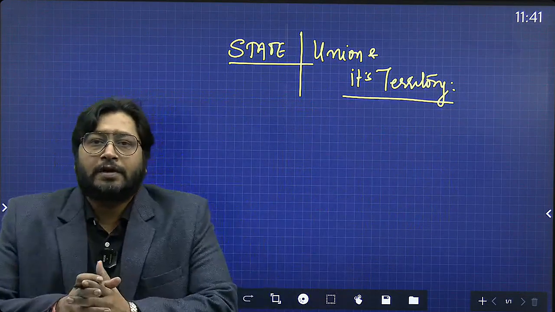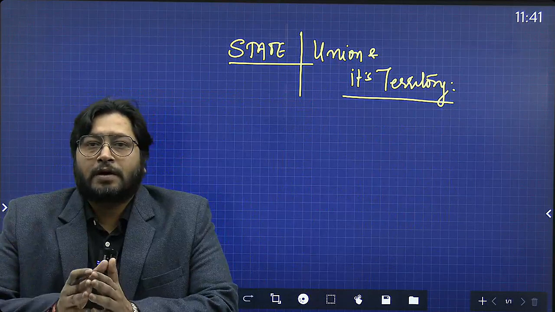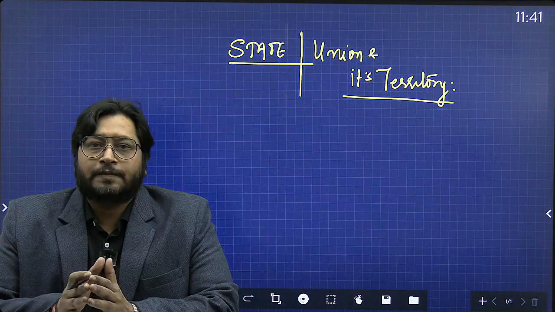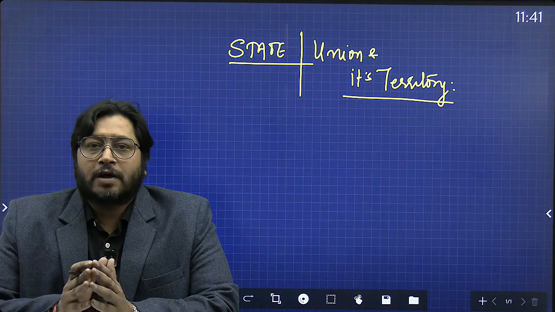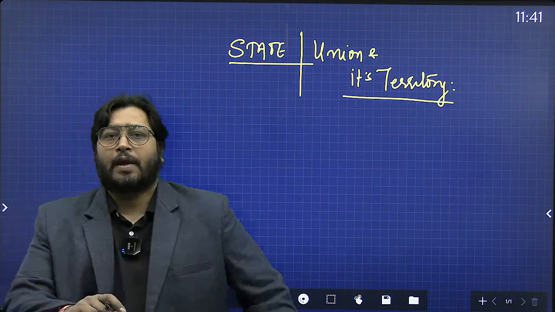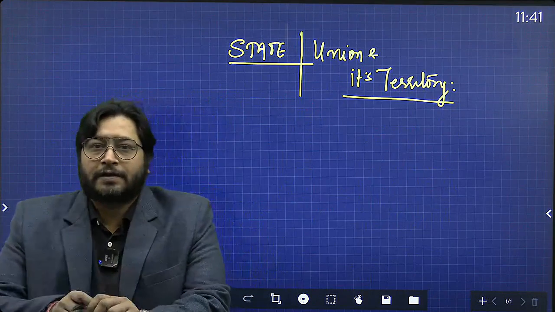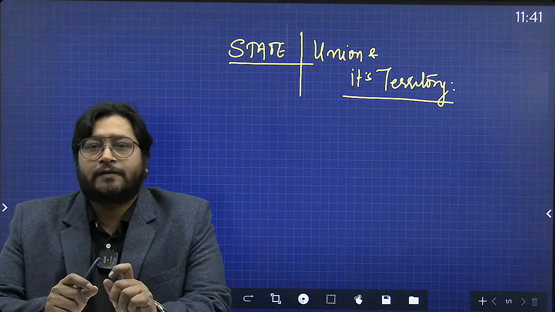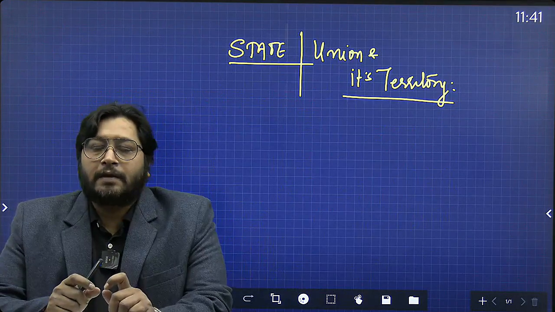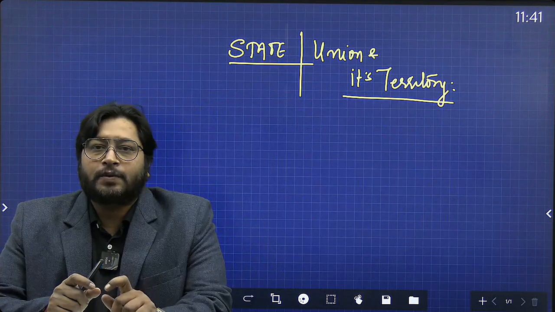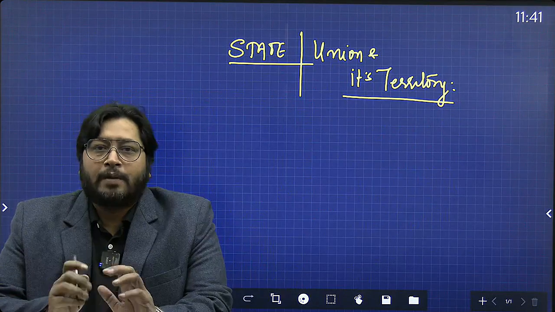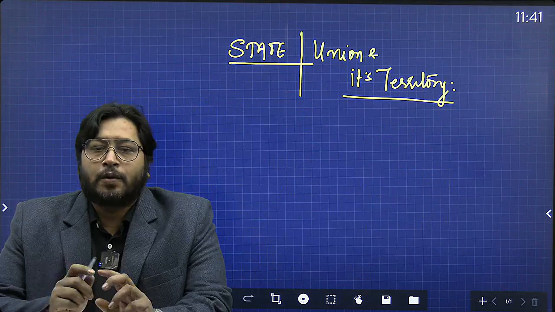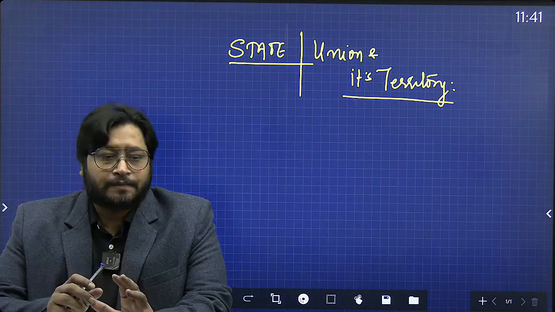State. So any system, when it is called a state, has certain features. For international law to recognize any political territory as a state, certain conditions need to be fulfilled. State is a legal or formal status which any country or political territory enjoys with respect to the other nations of the world.